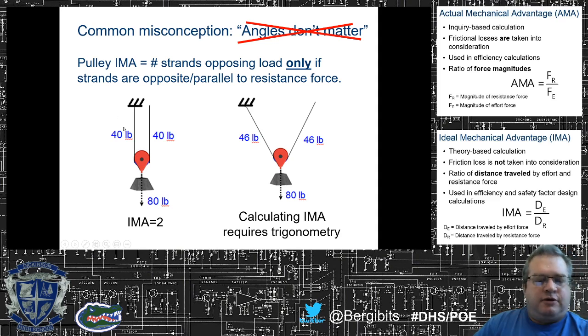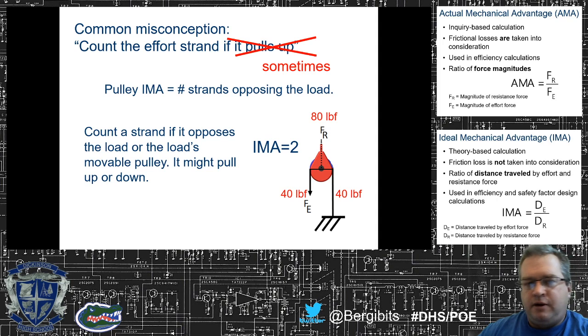We're going to stick with what's on the left. You've got 2 strands, so IMA is 2. Common misconception: counting the effort strand if it pulls up sometimes.